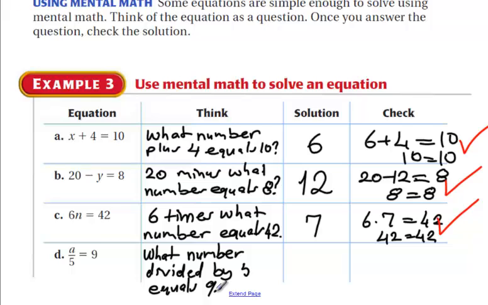So 45. 45 divided by 5 equals 9. Then 9 equals 9. So our answer is right. So basically this is the way you can do it mentally, instead of solving it. You can just think about it and get the answer mentally.